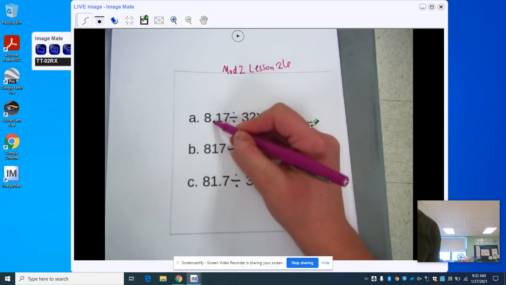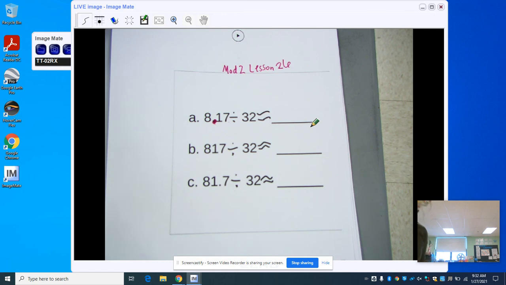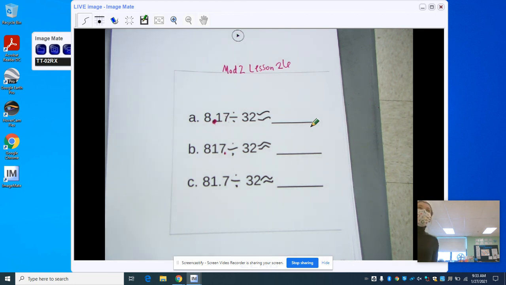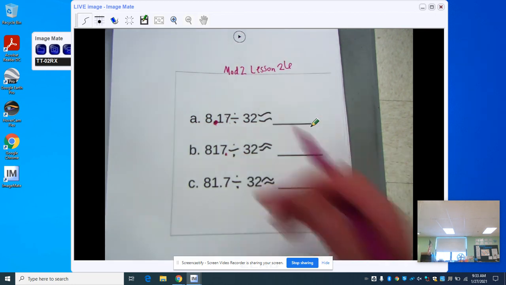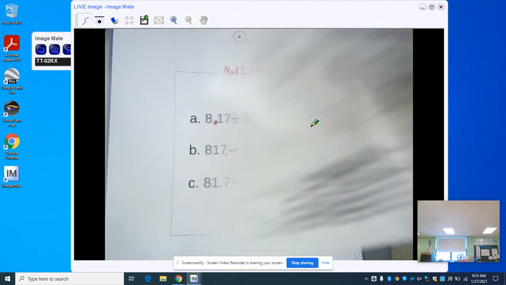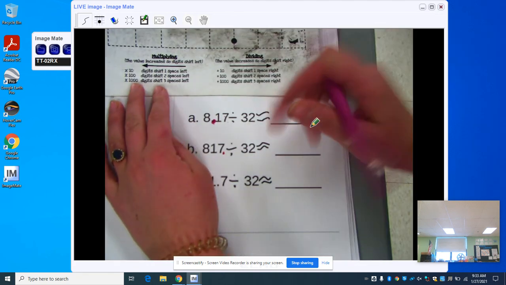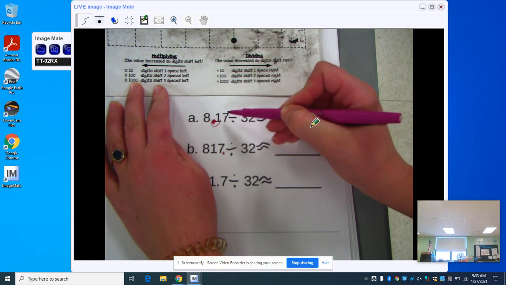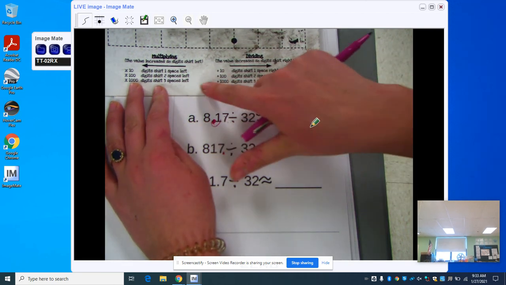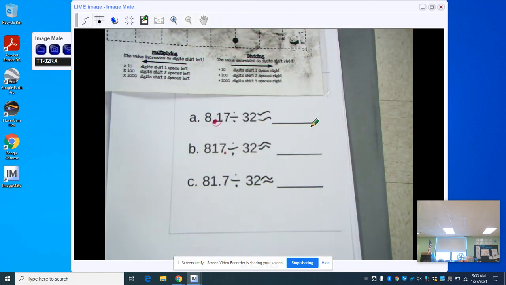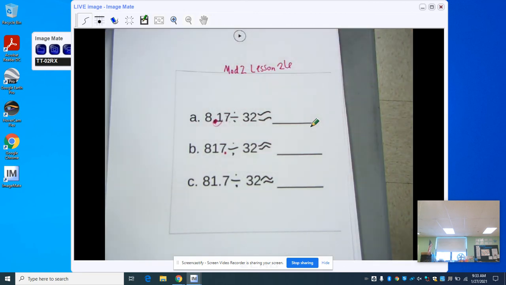So look, the decimal is between the 8 and the 1 here, so this is 8 and 17 tenths, but our decimal is over here, 817. You can use your place value chart because we know when we move our decimal 2 places to the right, that is changing it by 100. So multiplying or dividing by 100.